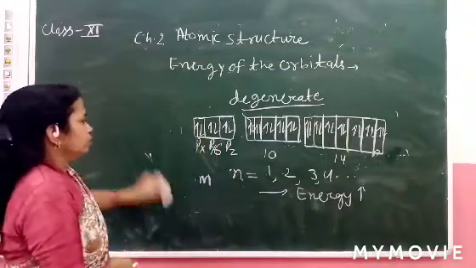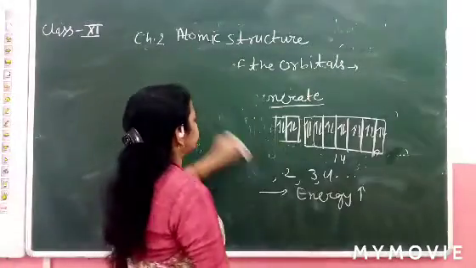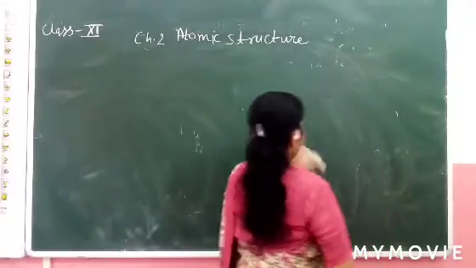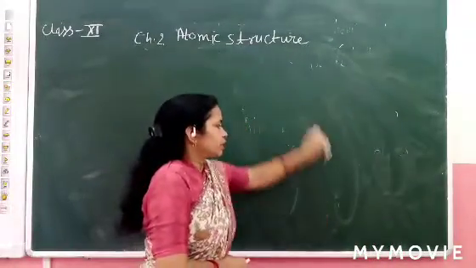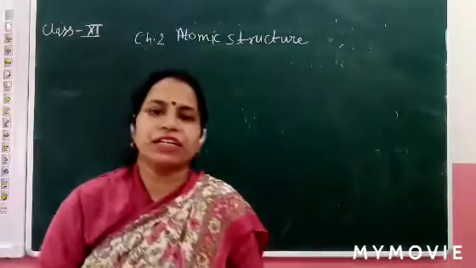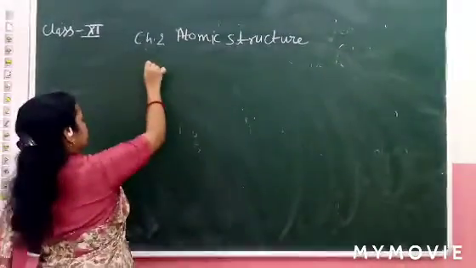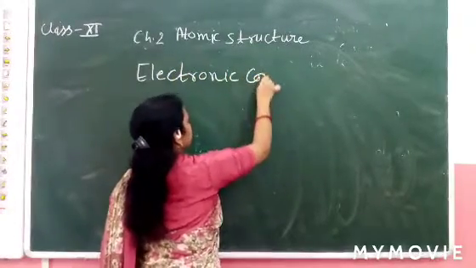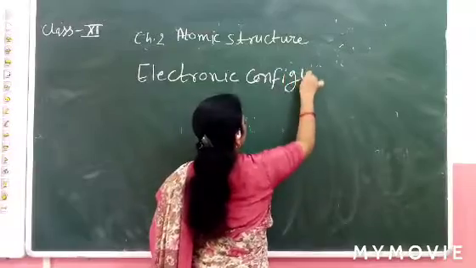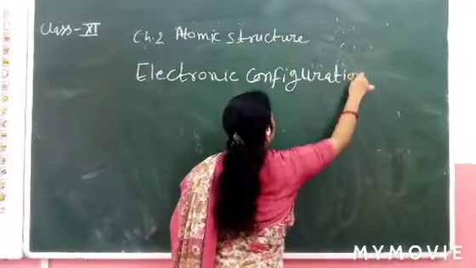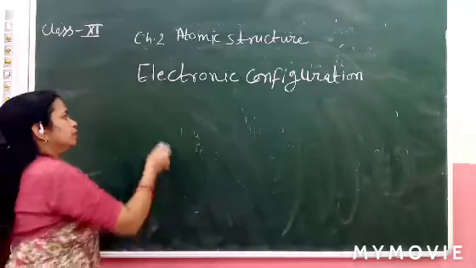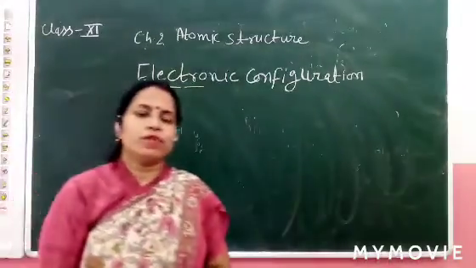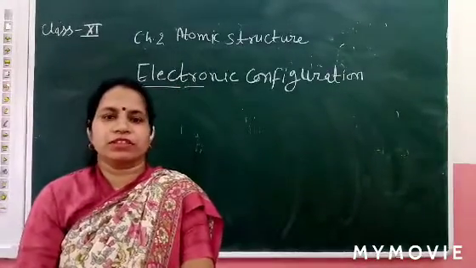Okay, now the next topic is electronic configuration. In 10th class, we explained the electronic configuration by K, L, M shells. Electronic configuration explains the full information of the electrons.